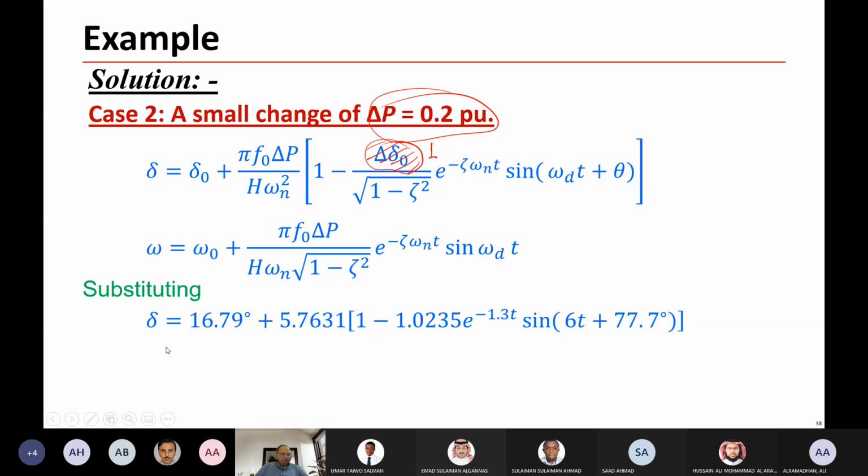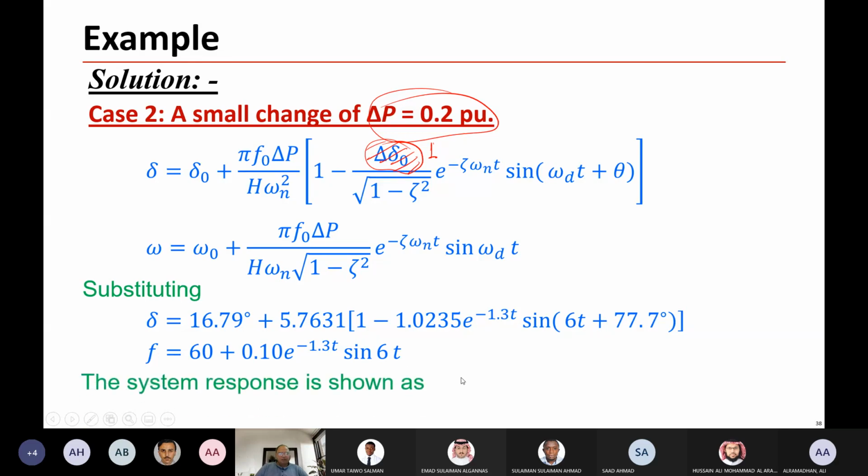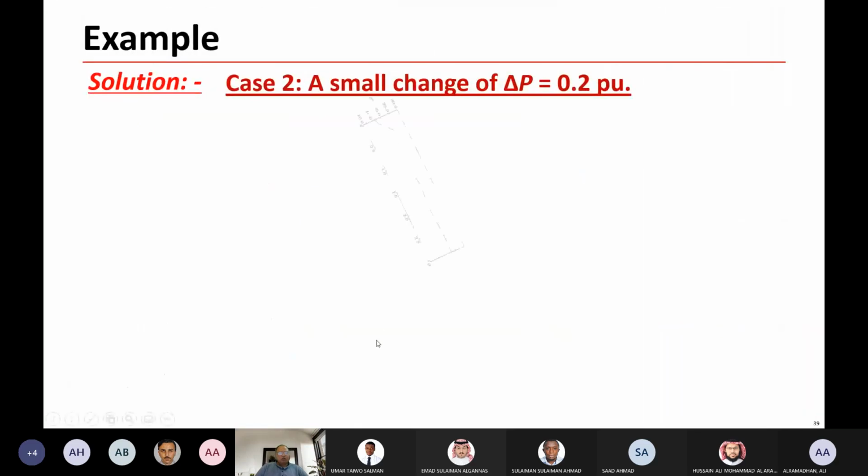All these time domain response characteristics or properties are fixed. So delta equals this, and you can write the frequency here too, and we expect, of course, the system to be stable, and we have the zeta, and this is also negative. So the system response is as shown here.